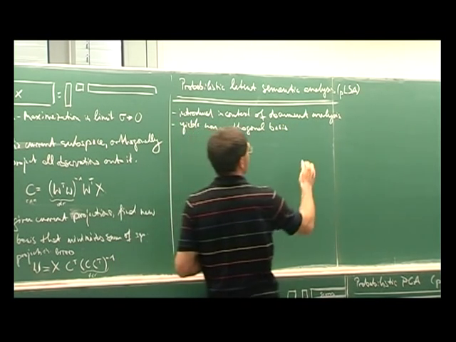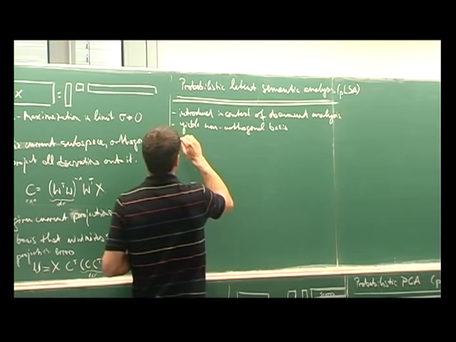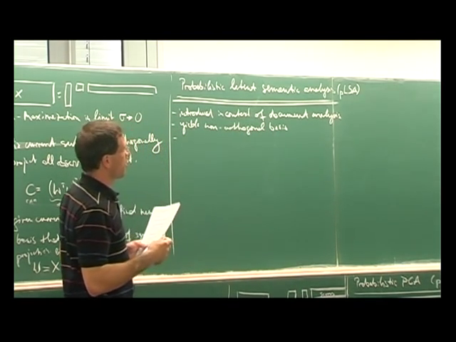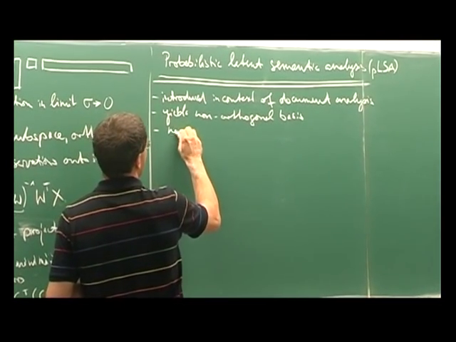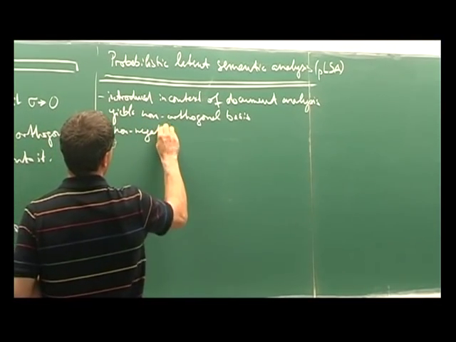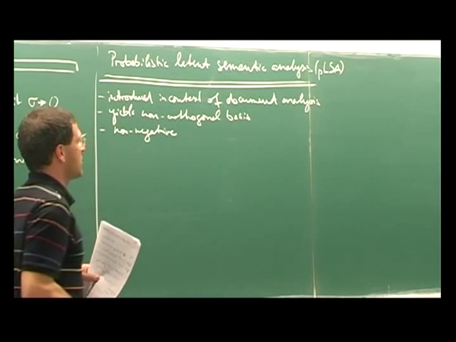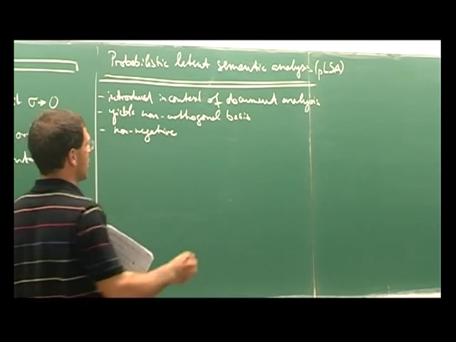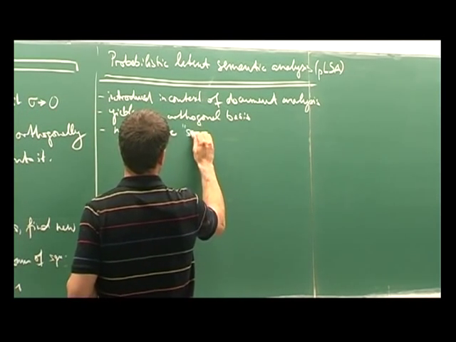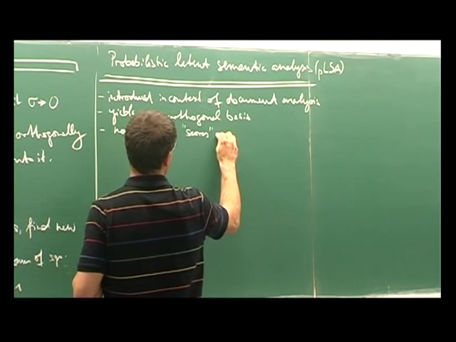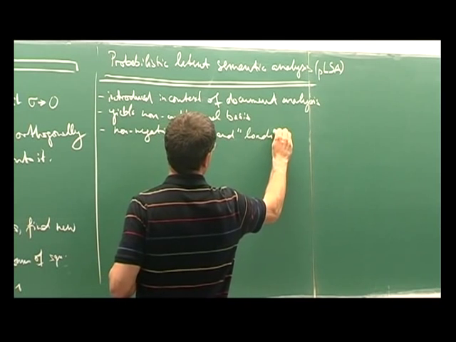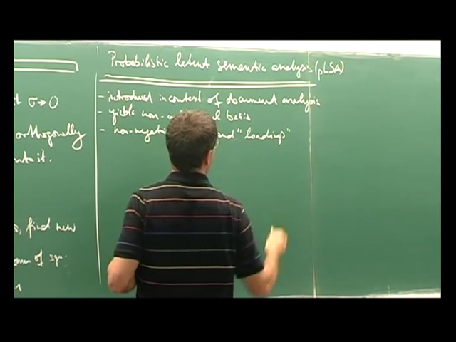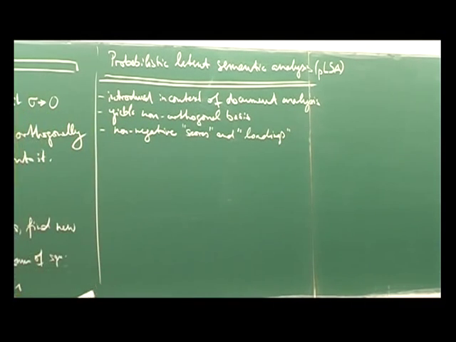So this yields non-orthogonal basis vectors, but it gives you all positive basis vectors, or let's say non-negative analogs of scores and loadings. I'm putting scores and loadings in quotation marks here because these are normally only used with PCA.